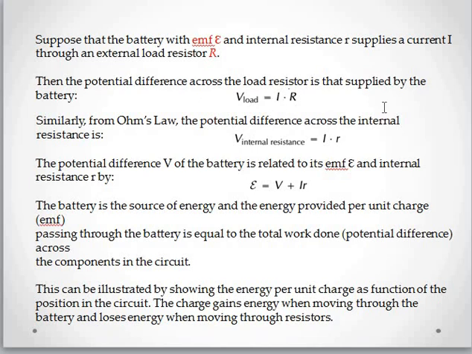Okay, so what is the amount of energy that is going to be consumed by the external load? Remember, we said voltage is actually current times resistance. We found this relationship from Ohm's law, that said current is equal to voltage over resistance, and we said you can play around with that and you get your voltage as current times resistance.